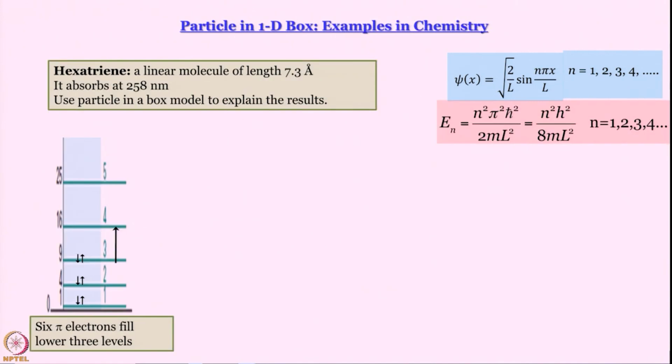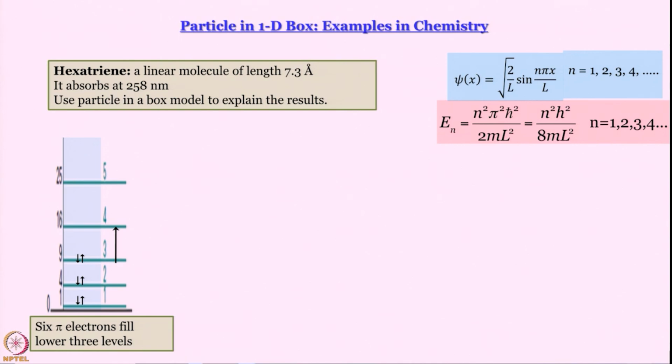Chemical examples where the particle in a box model might apply are conjugated molecules, say hexatriene. Well, hexatriene of course is not really a linear molecule. We have bond angles of approximately 120 degrees, but if we just join the tips, the first carbon atom and the last carbon atom, that is the line we are talking about. That length is say 7.3 angstrom, or you can just add up the bond lengths. It is known that it absorbs at 258 nanometer.